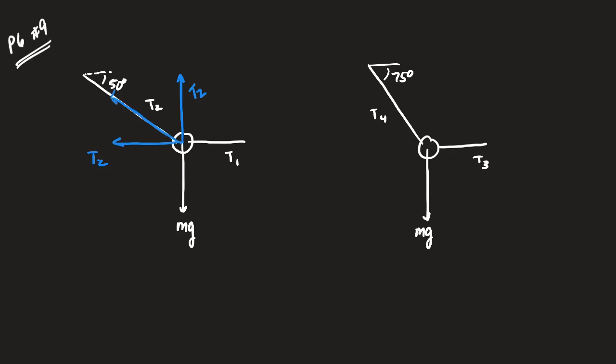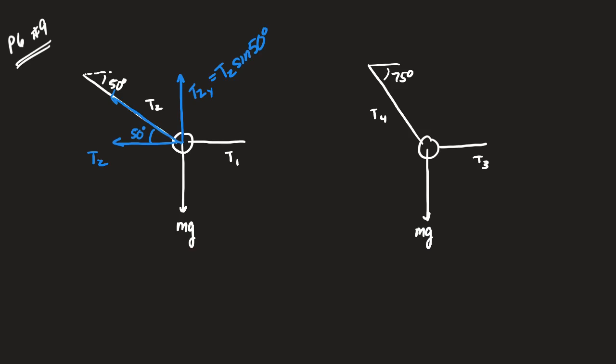It should be clear, though, that the component of T2 in the y direction has to equal mg. It has to. And based on what I'm looking at here, that 50 degrees is also right here. It's this 50 degrees. Suggesting that T2 in the y direction is actually T2 sine 50 degrees.